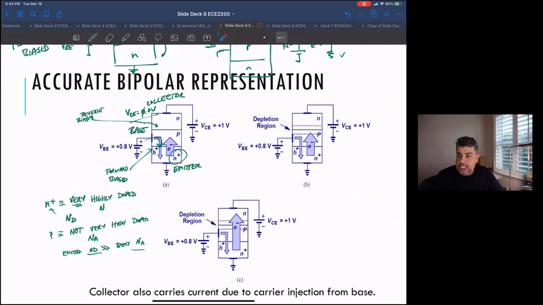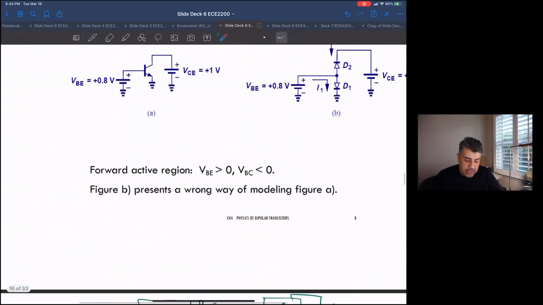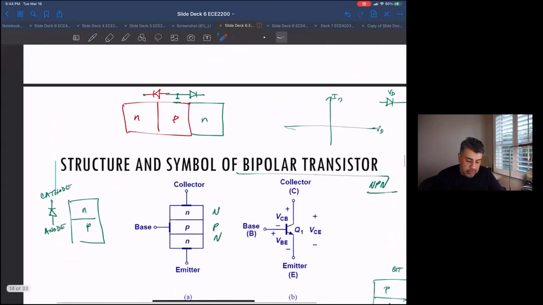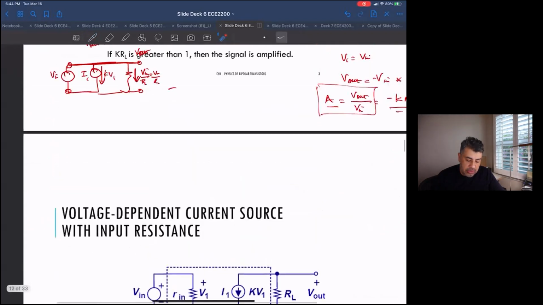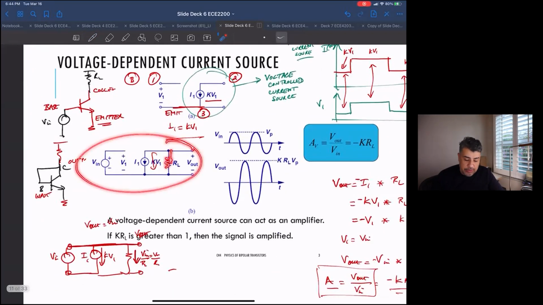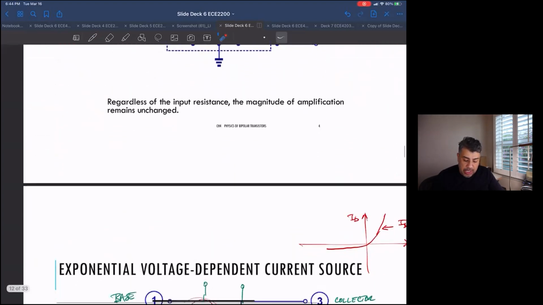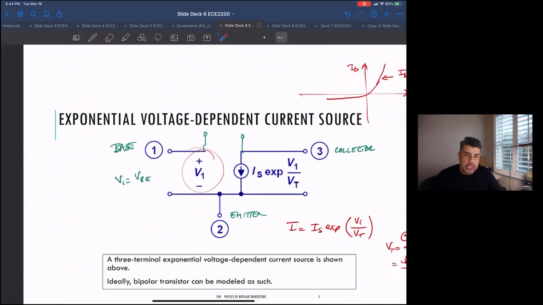So the main things I want you to take out of this today: one, the concept that if we had a voltage controlled current source and an external resistor, that would be a way to get an amplifier. Two, if we use a bipolar transistor and put it in the right operating point, you will get a voltage controlled current source with an exponential relationship between the output current and the input voltage.